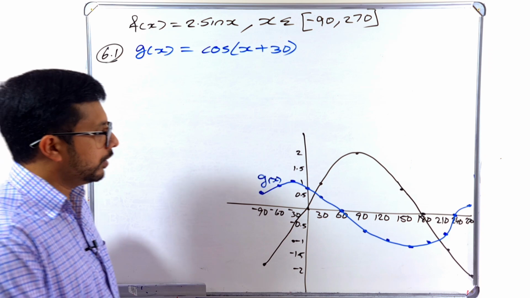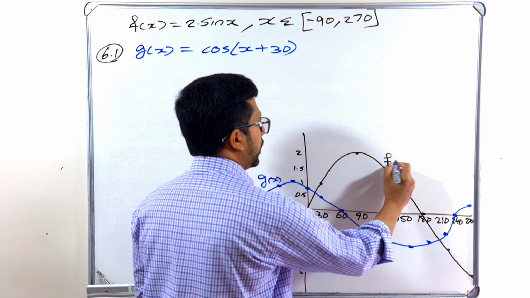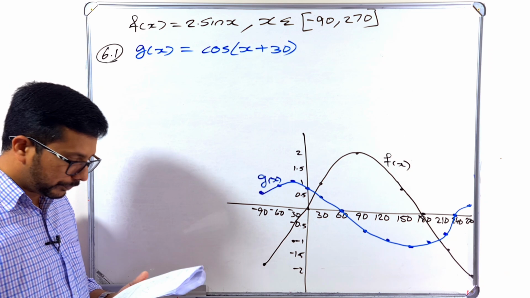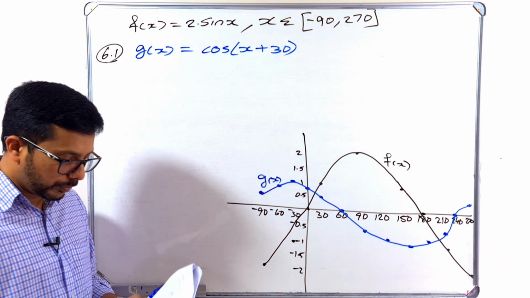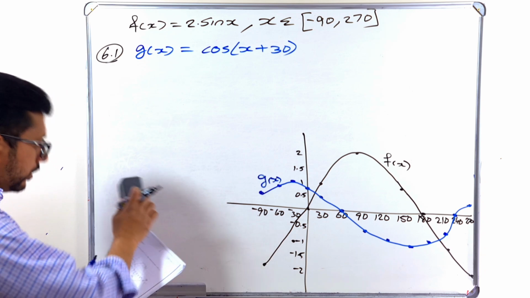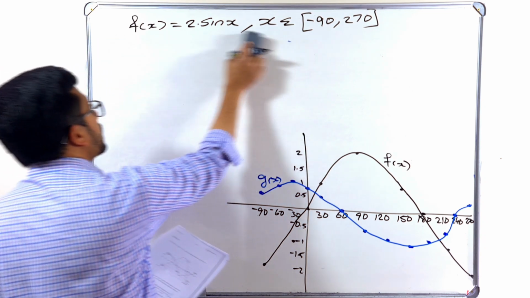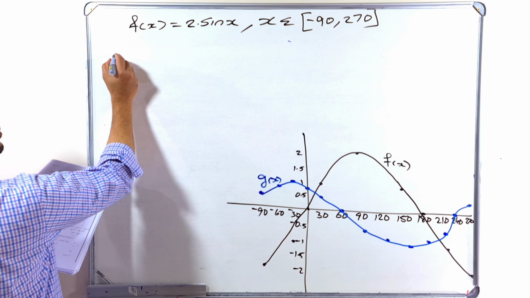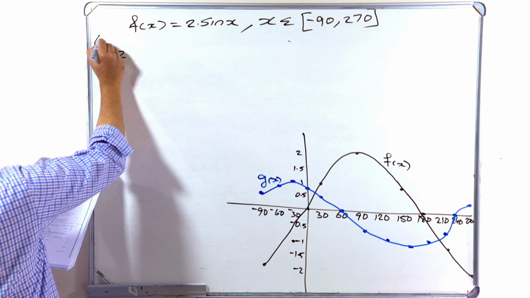So the given one, this black one, is f of x, and the one that we drew is g of x. Now question number 6.2. What is that question?